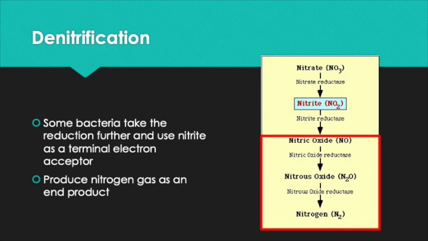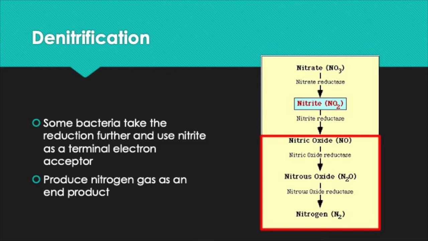This is where the bacteria take the nitrite ions that they produced, use it as a terminal electron acceptor, add electrons to the nitrite, further reducing it down to nitrous oxide and nitrogen gas. And ultimately the nitrogen gas, if it does fixation. Okay? So, like I said, some bacteria can only do nitrate reduction. Some can bring it all the way down to denitrification and fixation.